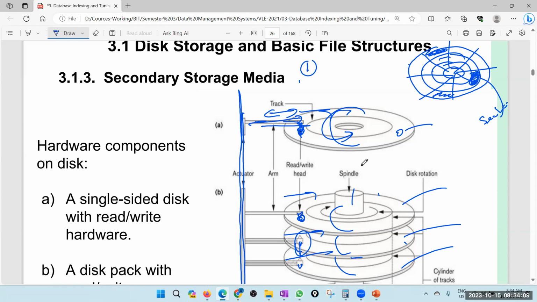Because these things move together, after you read in this sector, if it is not there, without any rotation or lateral movement, it can read the corresponding sector in the other plate, and so on. If all those corresponding sectors are filled or exhausted, then only it will do a rotation and save it in the next one. So that is how it works.